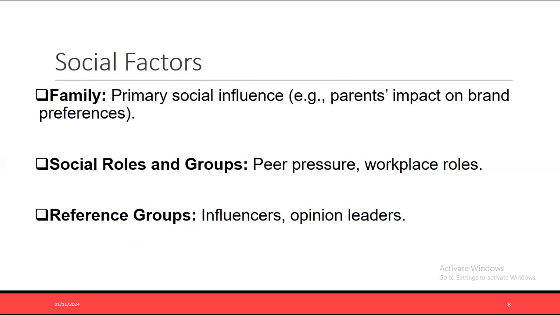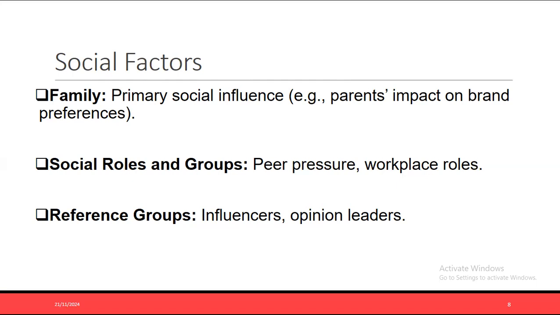Then you have the social factors. The social factors is where you consider family, the social roles and groups, and then the reference groups. So you want to look at the family of your consumer. You may want to consider the parents' impact on that consumer's life, right? What the people close to that consumer think about your product.